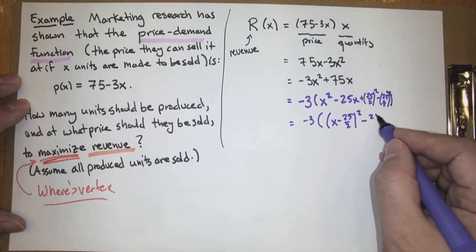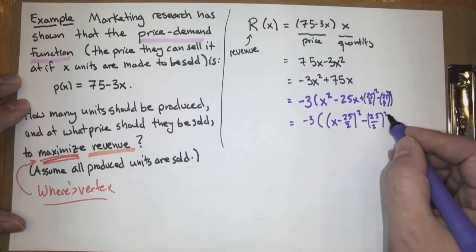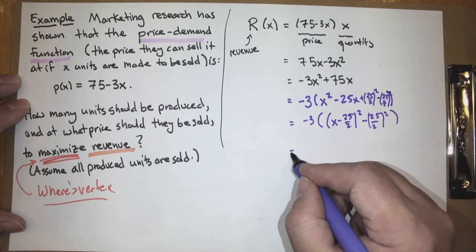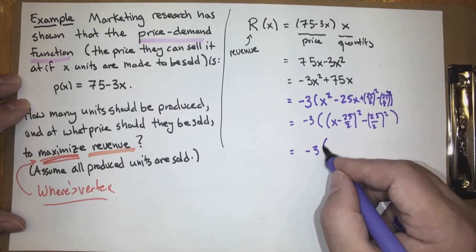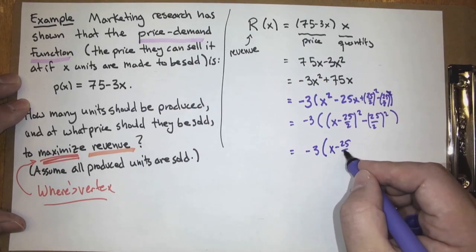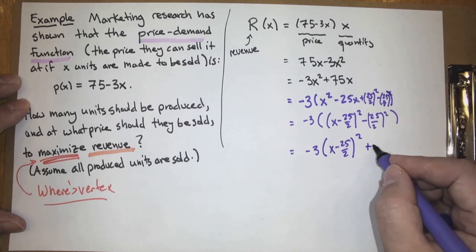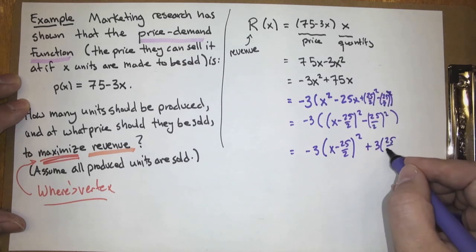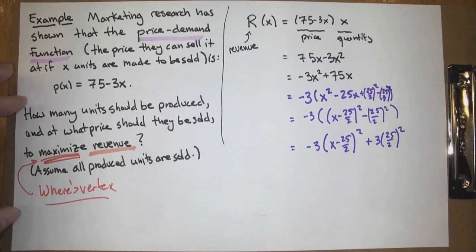And then there's this extra term here, minus 25 halves, quantity squared. And if you distribute the -3 through, you get -3 times x minus 25 halves, quantity squared, then plus 3 times 25 halves, quantity squared. Okay, so that's completing the square, writing it in vertex form. Now, with this, we can read off our answers.